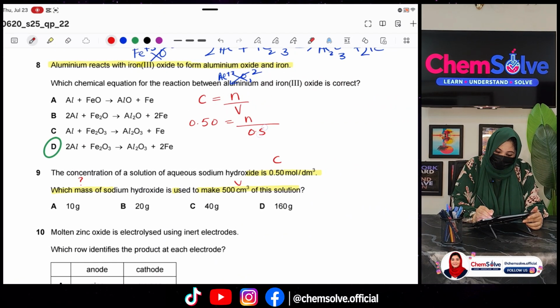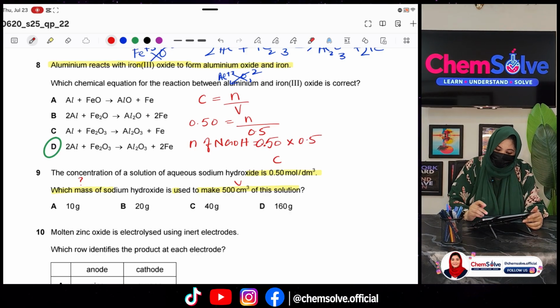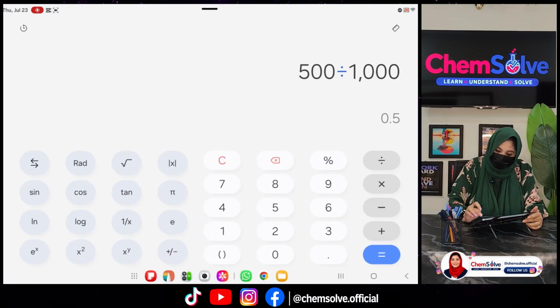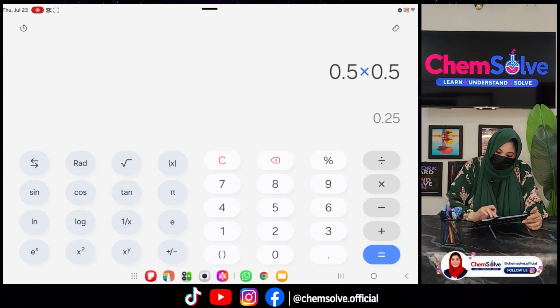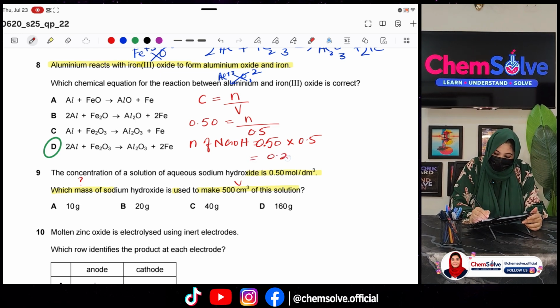So the number of moles of sodium hydroxide would be 0.50 multiplied by 0.5, so this is 0.25. 0.25 are the moles.